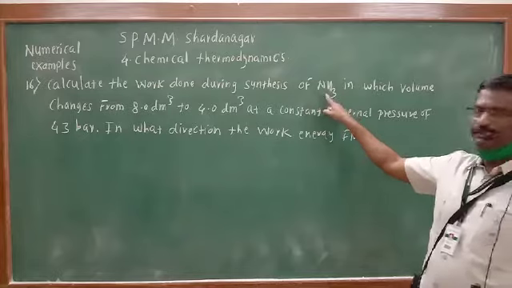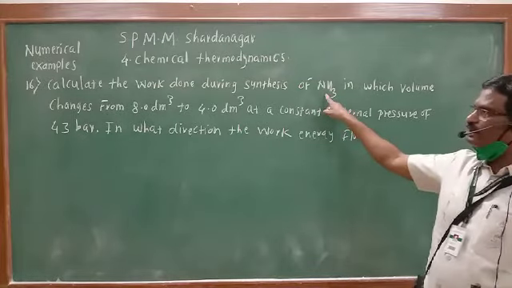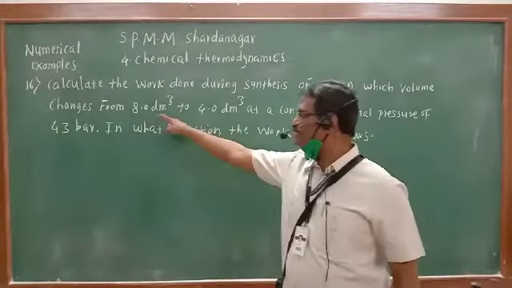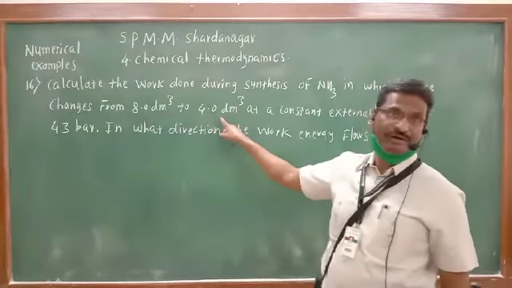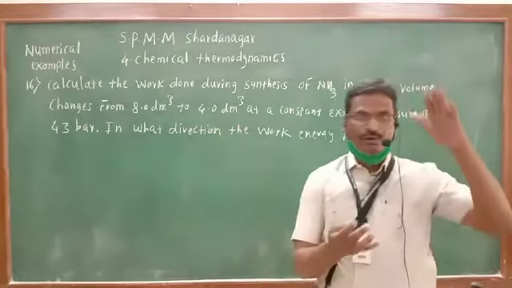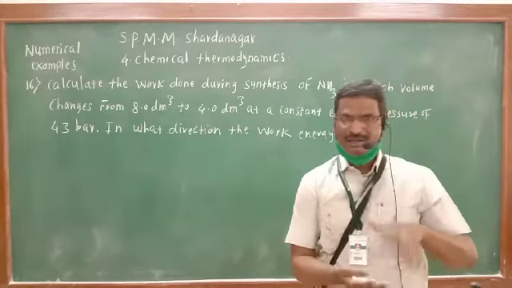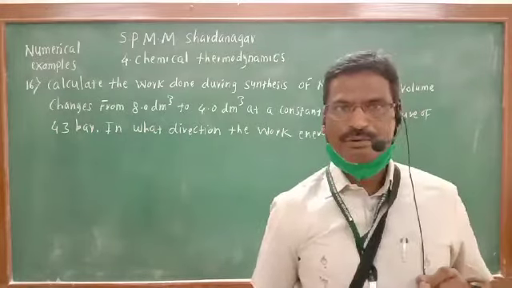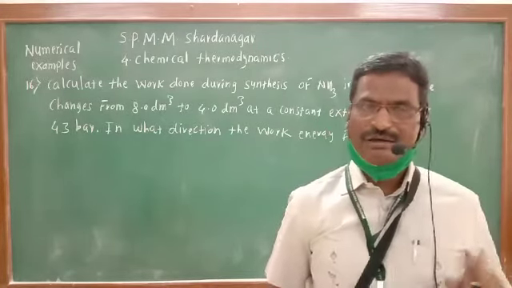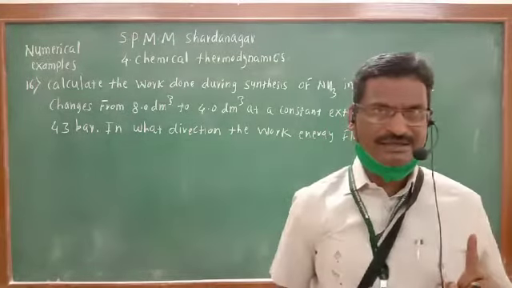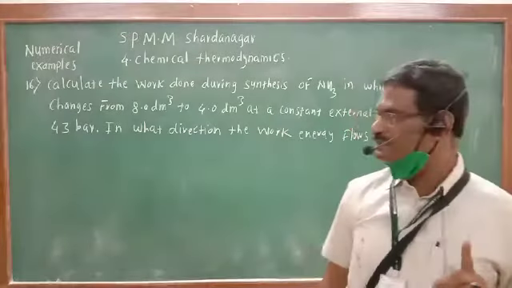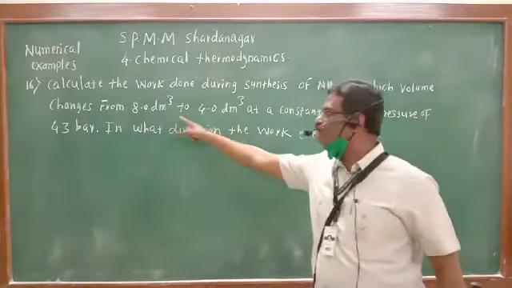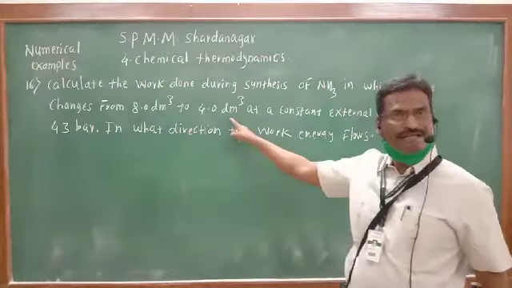During the synthesis of ammonia, the volume changes from 8 decimeter cube to 4 decimeter cube, which means volume decreases. As volume decreases, is it a process of compression or expansion? It is a process of compression, because 8 decimeter cube volume becomes 4 decimeter cube.